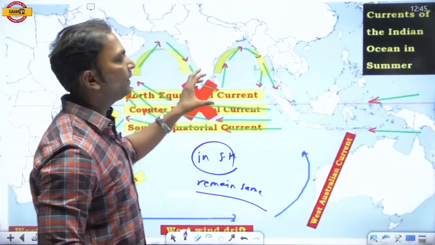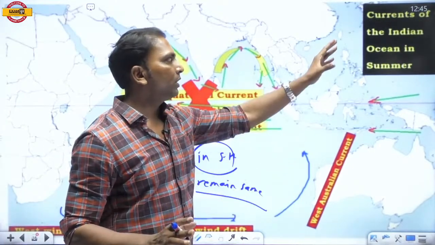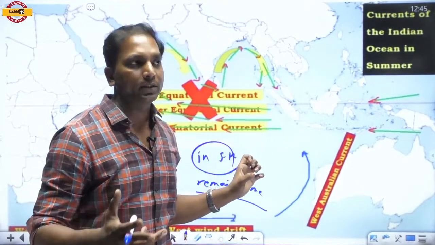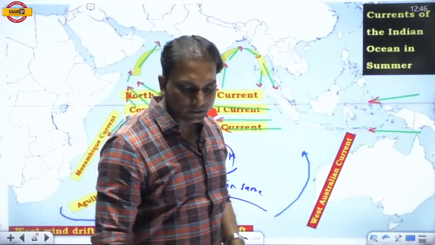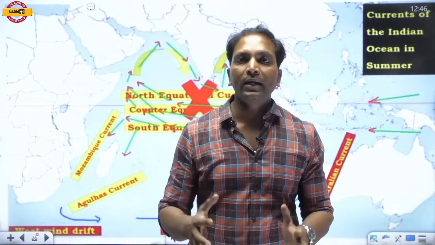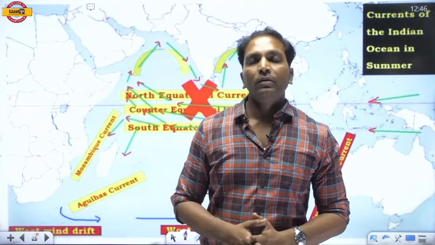Only changes are happening in the northern hemisphere. So the currents of the Indian Ocean in summer, you can see, have changed their direction. The Indian Ocean is the only ocean which has a change of oceanic current direction.